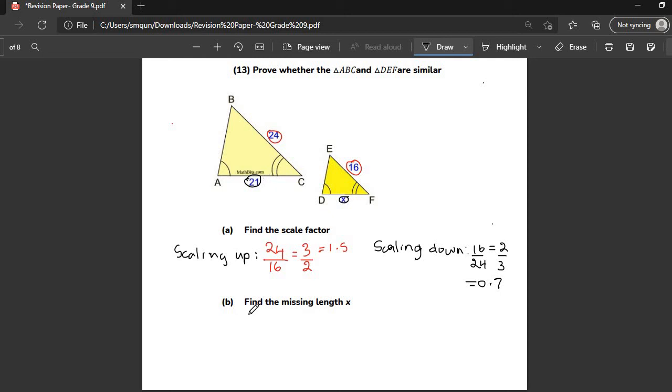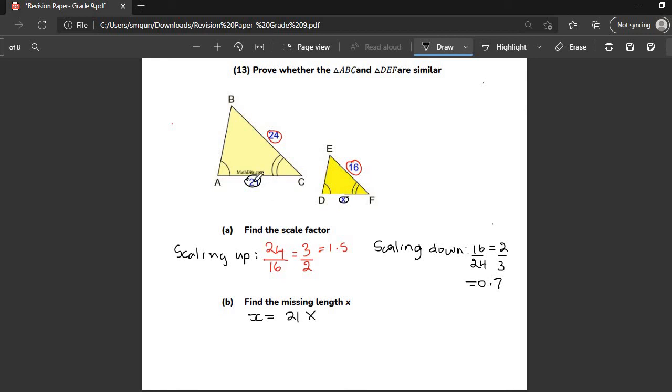Okay, so x is equal to, personally, I prefer to use the fraction form, so I'm going to use that instead. It's the known corresponding side, the side that corresponds to our unknown side, in other words. And again, we're using the scaling down scale factor because we want to find the side of the smaller triangle.